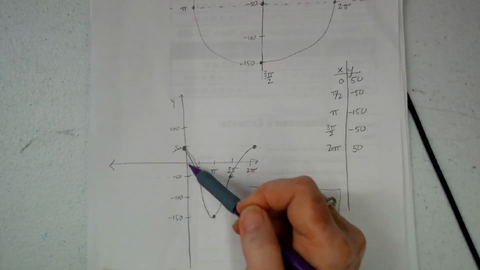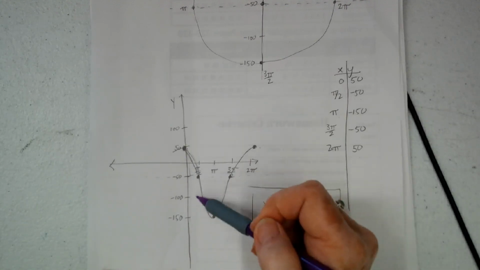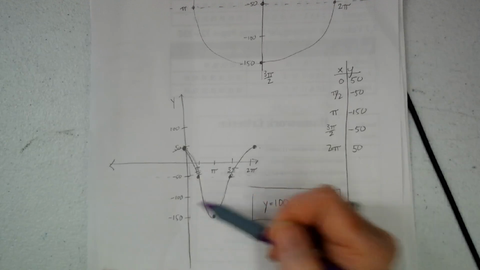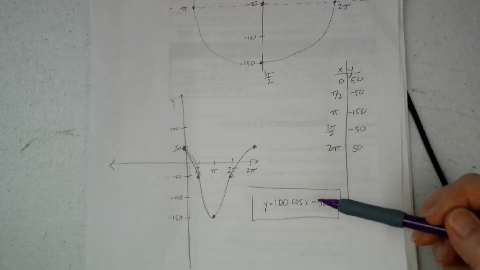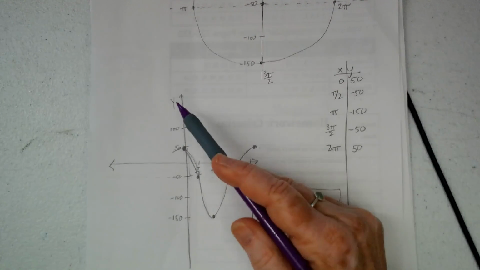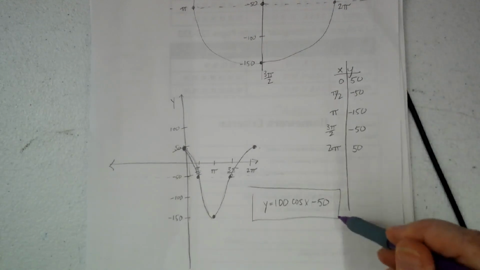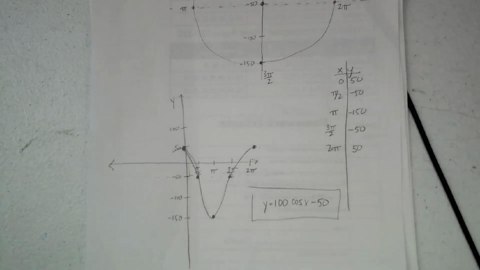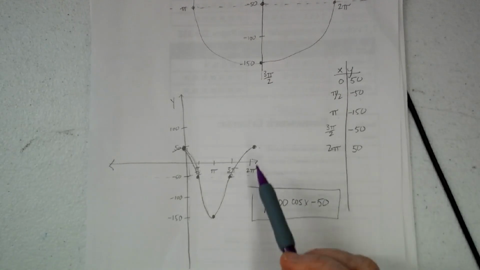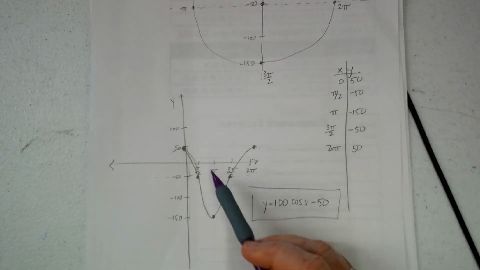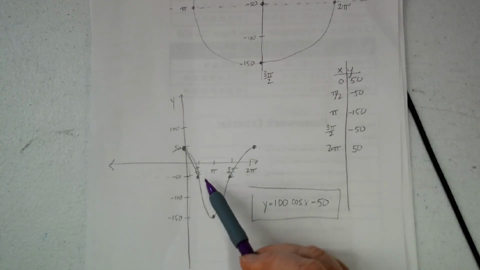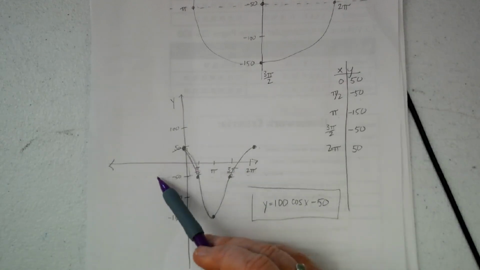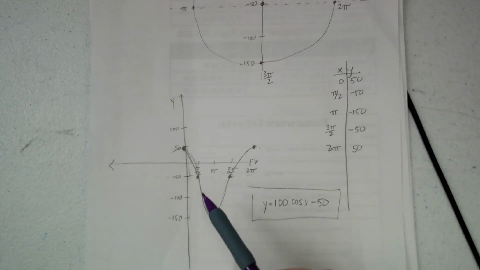I mean, it's 200 all the way down, but that's my amplitude. And then it's not shifted because my locator point's still on the y-axis. So this is actually the answer that they wanted. You could have also done it with sine, but then you would have to imagine that sine got shifted a little bit. You'd need to shift it by, how much?